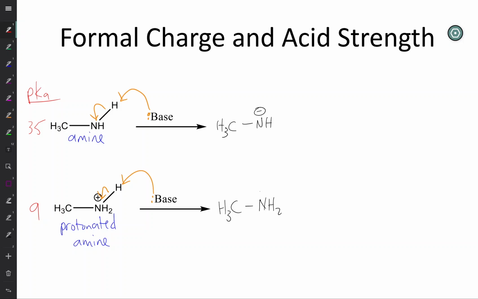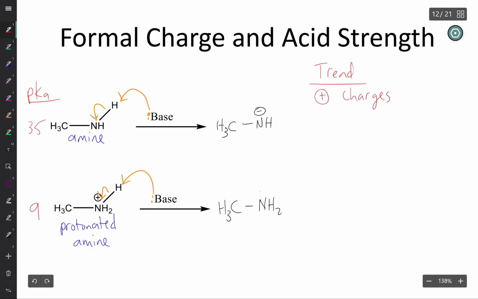You can see the same thing with an alcohol and a protonated alcohol on that sheet. Alcohol pKa of 16, protonated alcohol -2. So there's a big difference adding that positive charge. Charges matter a lot. They make a big difference. So the trend here, plus charges make acids stronger.